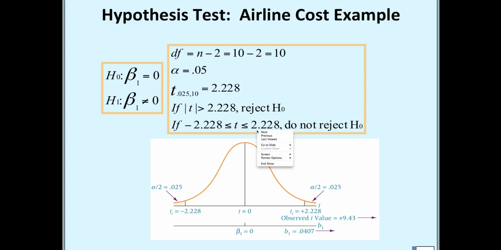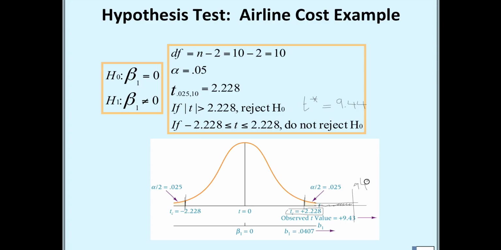In this case, the boundaries of the rejection zones, or TCs, are two-sided: one side is 2.228, the other side is negative 2.228. And the T star we got was 9.44. Where is it? It's way beyond the rejection zone you have here. It's somewhere here, right? 9.44.